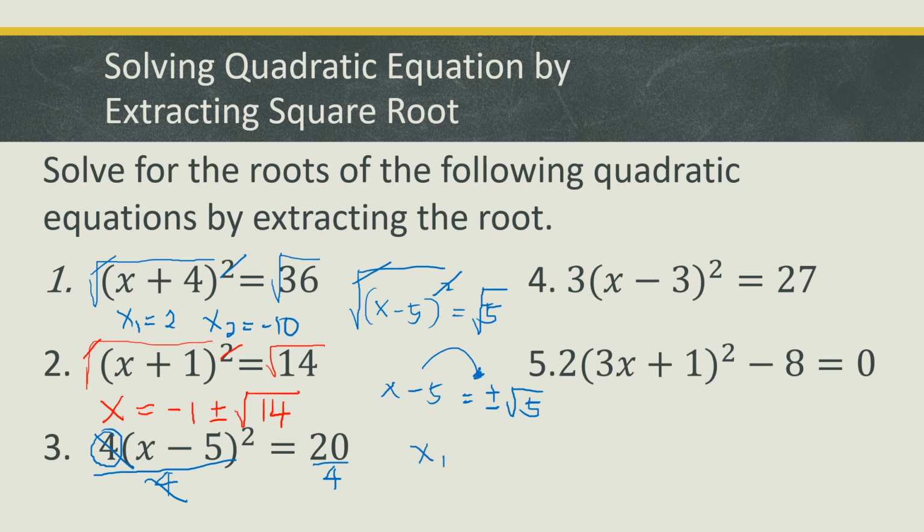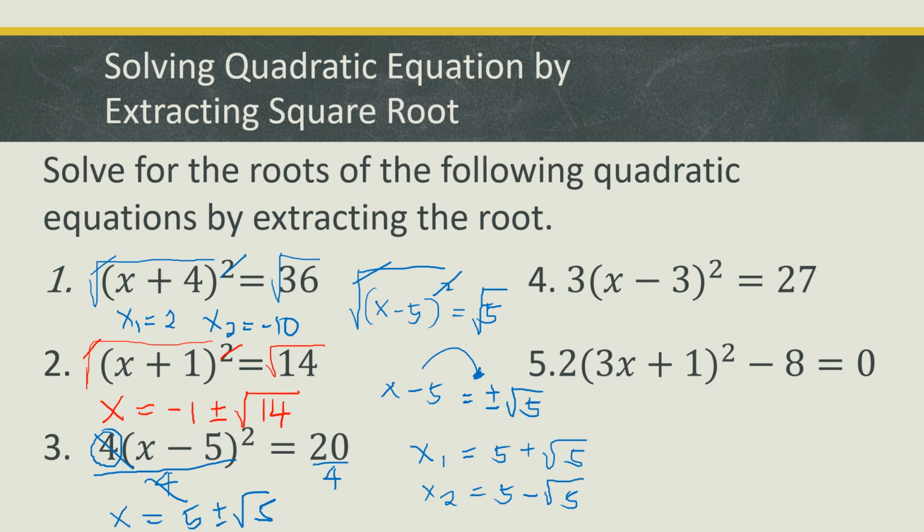We have now x sub 1 is equal to 5 plus the square root of 5, and x sub 2 is 5 minus the square root of 5. If we are to simplify our solutions, x is equal to 5 plus or minus the square root of 5. We have two real solutions. Okay?